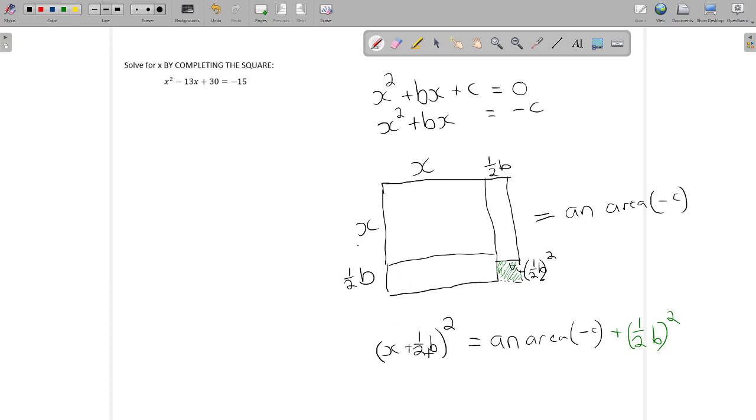So effectively what I can do now is square root both sides and I will only have one instance of x. So if I square root both sides, I'll have x plus half b is equal to the square root of an area, that's minus c plus half b squared.